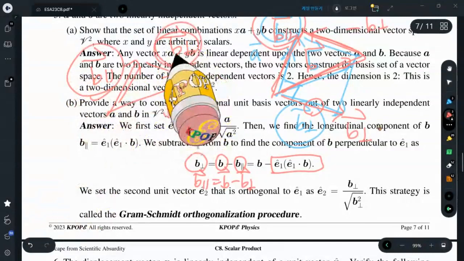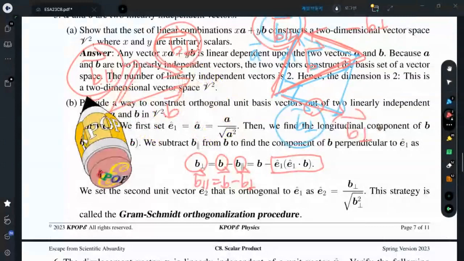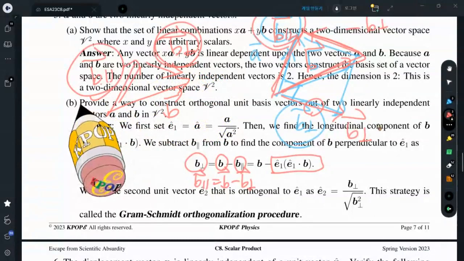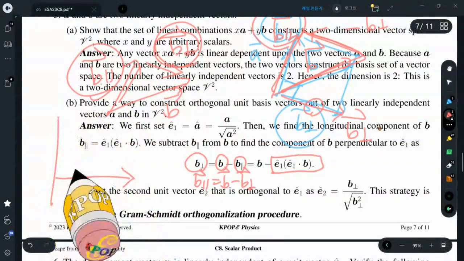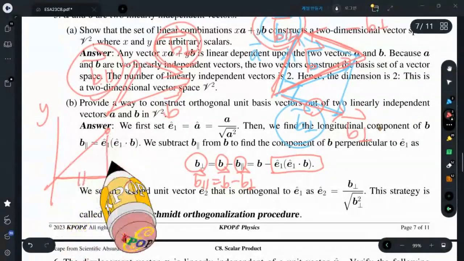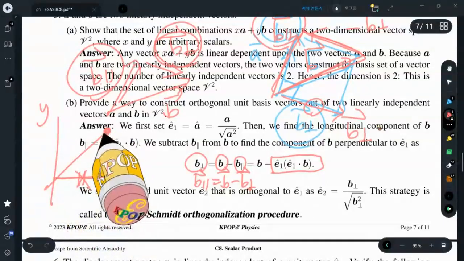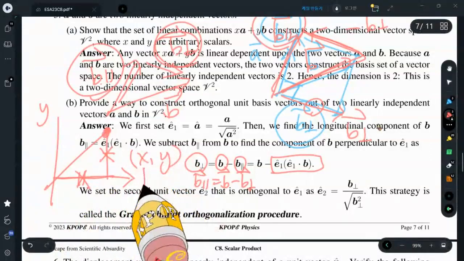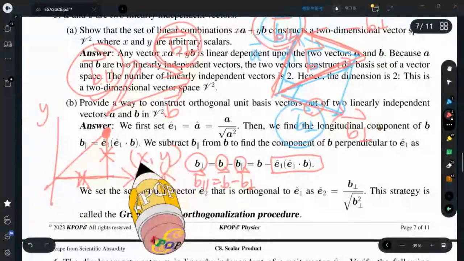If I have two perpendicular vectors, then any two non-vanishing vectors that are perpendicular to each other must be linearly independent. For example, we have x coordinate, y coordinate, a right triangle. These two sides are not vanishing, then this one can only be expressed in terms of x comma y, and these two coordinates are non-zero.